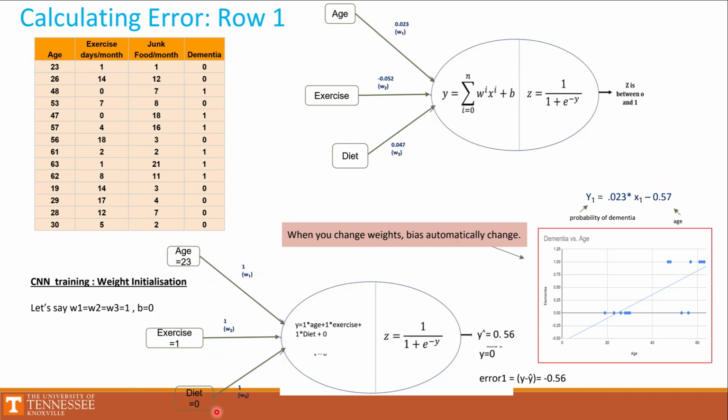Now, if you focus here, in the CNN training, we do weight initialization. In the beginning, you have this equation Wi xi plus b, and let us assume that I take the weights W1, W2, W3 as 1, and I take the bias equal to 0.